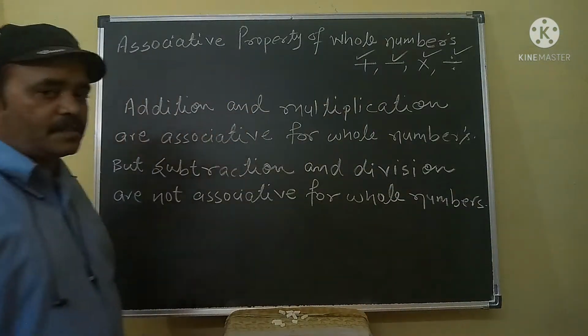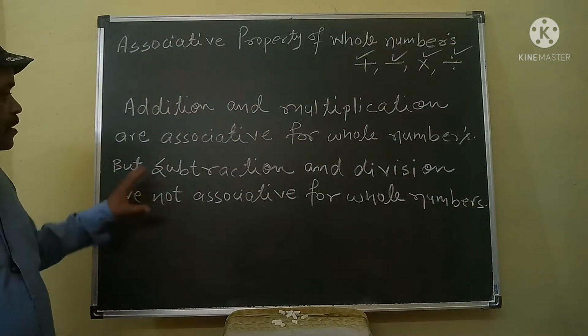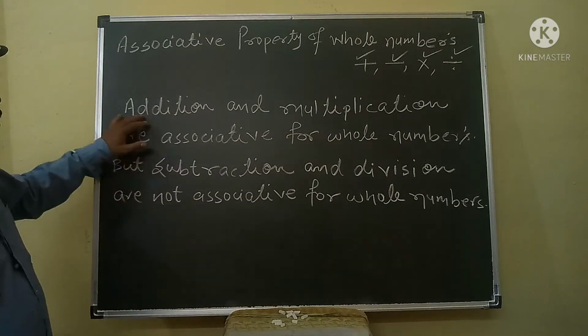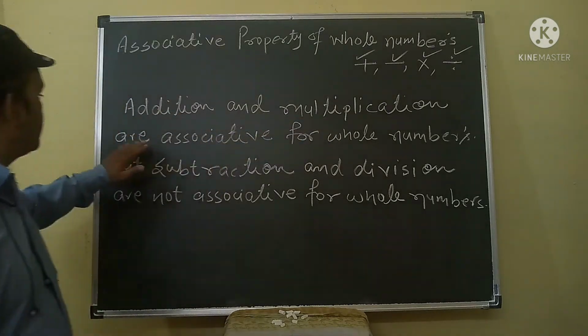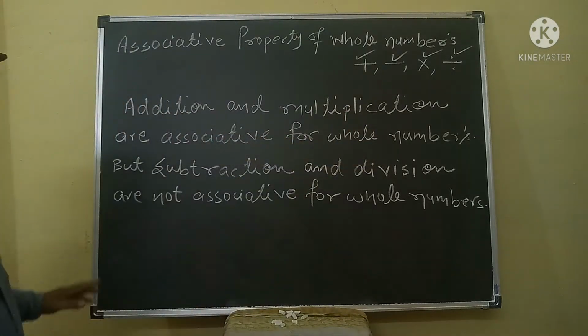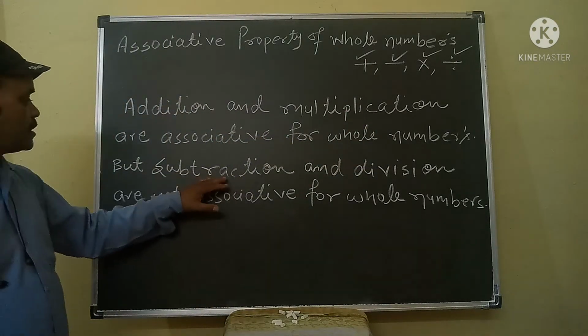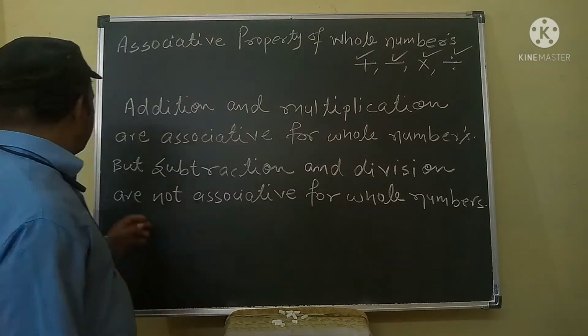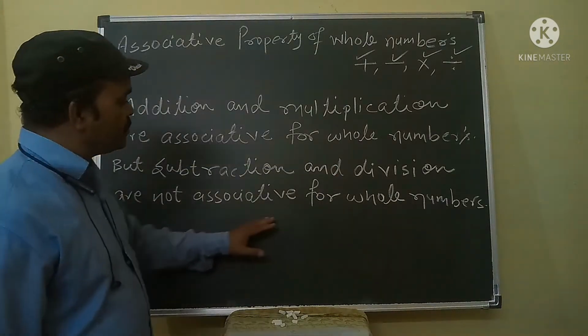Okay, this is the basic point. According to all the examples, addition and multiplication are associative for whole numbers, but subtraction and division are not.